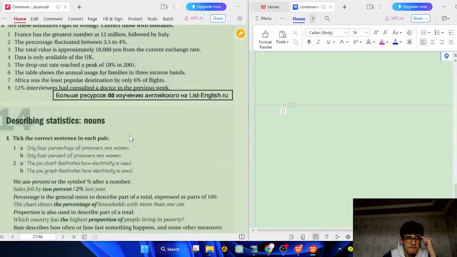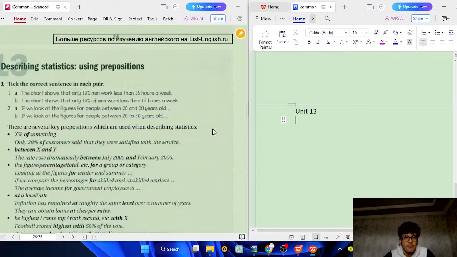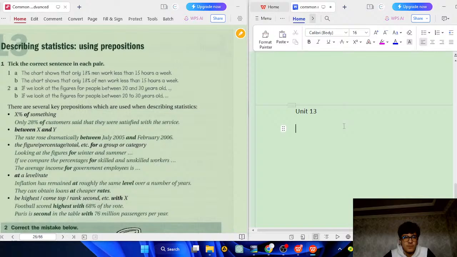Okay. Because I might have forgot. Unit 13. Describing statistics using prepositions. Pick the correct sentence in each pair. The chart shows only 18% men work less than 15 hours a week.